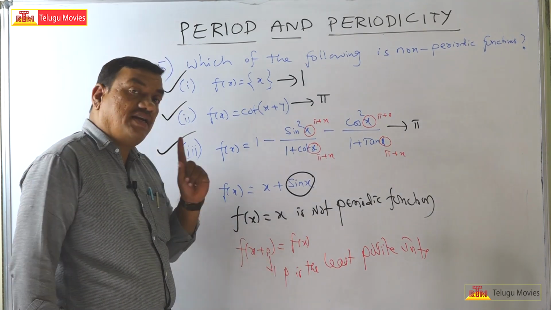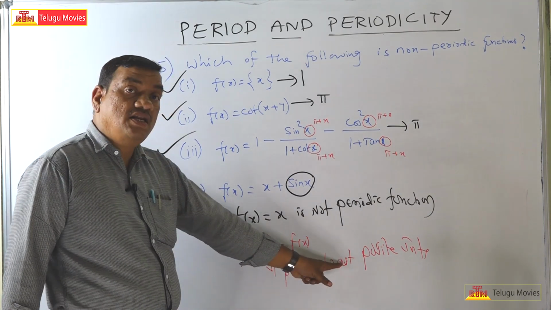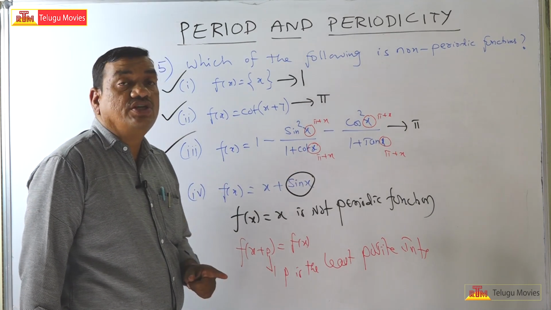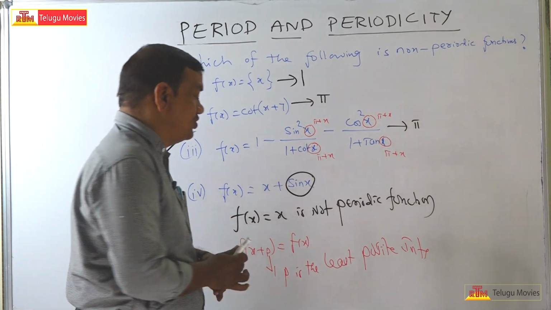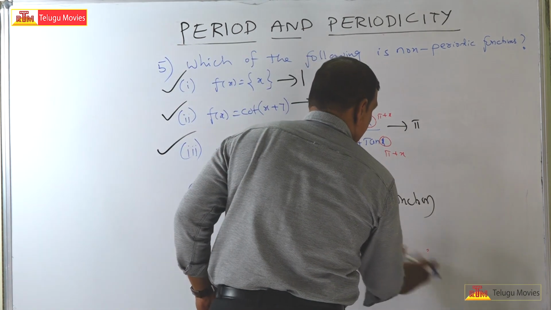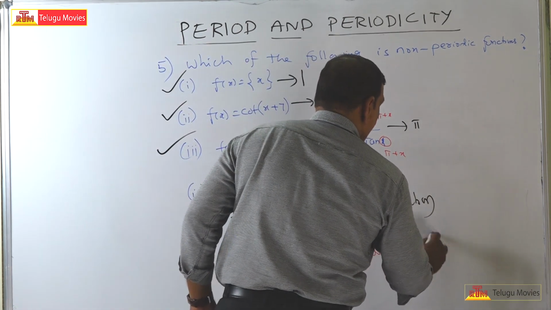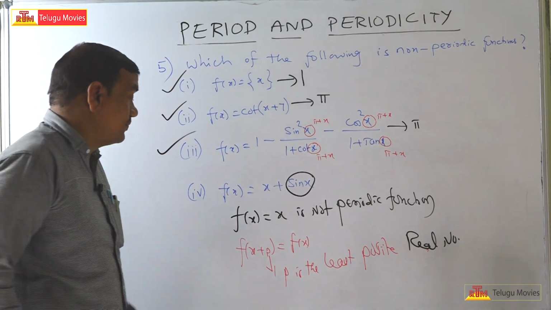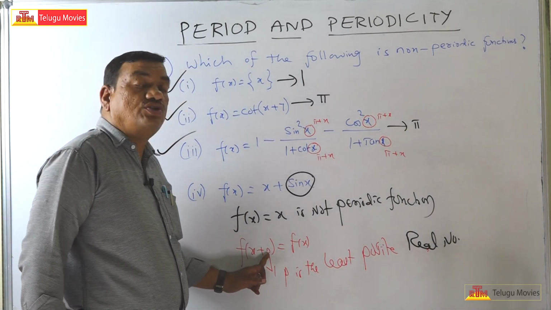He is saying that in the definition, p is the least positive real number. He is not saying 0. That means you cannot put 0 here.